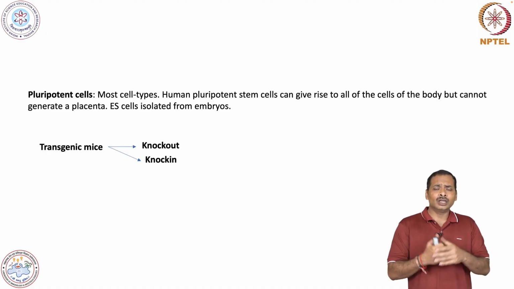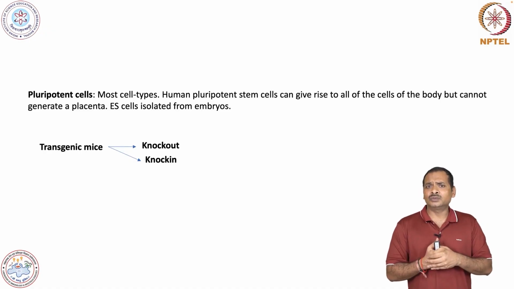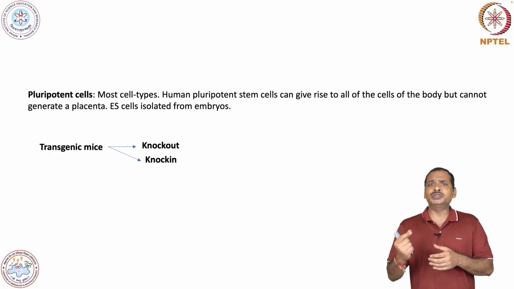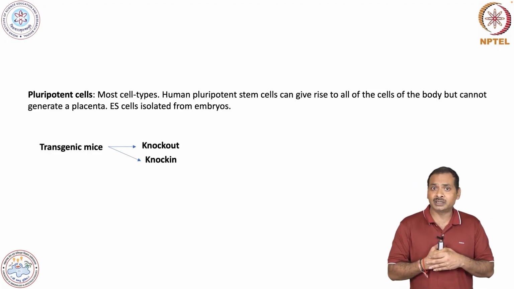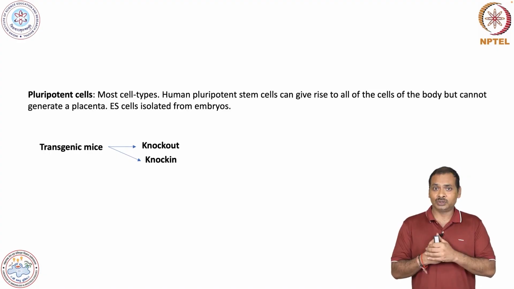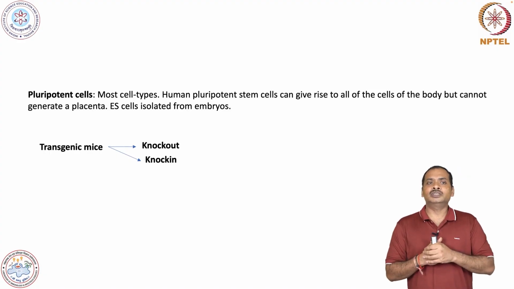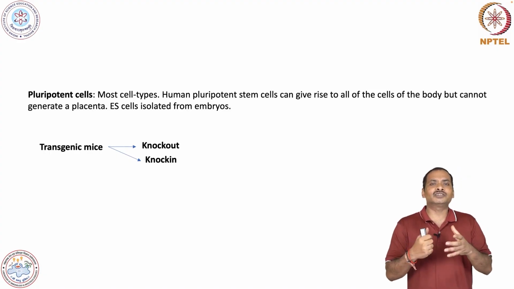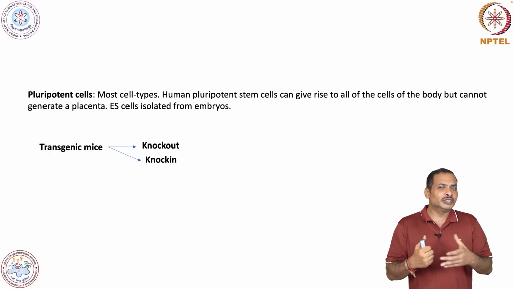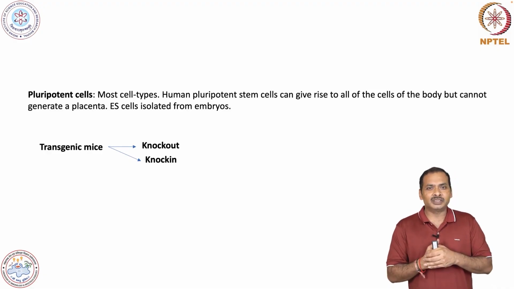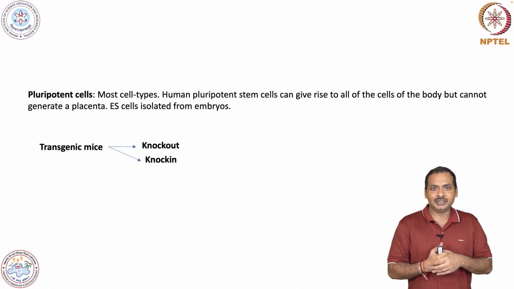In knock-in mice, what we are doing is introducing some gene at an appropriate location in the genome. For example, you might have seen in videos or in research papers, there is some mice which is giving a fluorescent green color when you irradiate the mice with blue light.